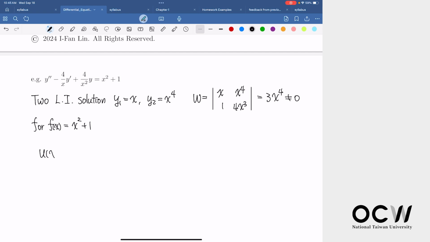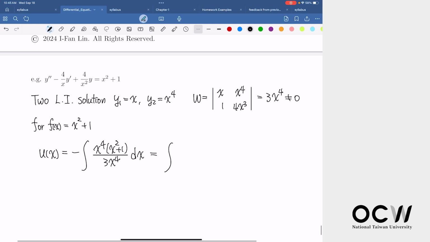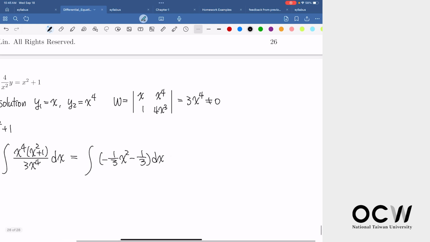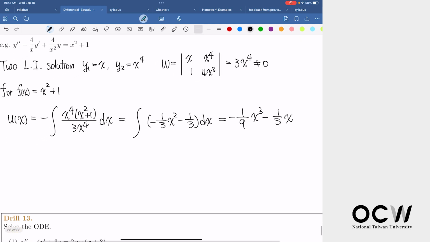Then u of x will be minus the integration of x to the fourth times f of x divided by 3x to the fourth. This gives you u, and also the v of x.